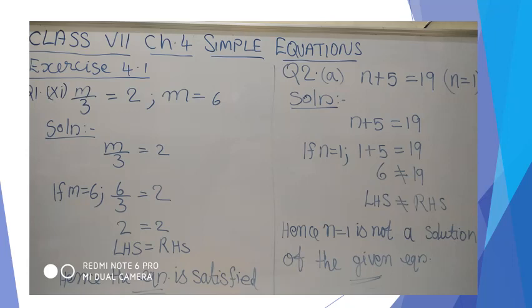If n = 1, substitute the value for n. So we get 1 + 5 = 19. That is 6 not equal to 19. LHS not equal to RHS. Hence n = 1 is not a solution of the given equation.